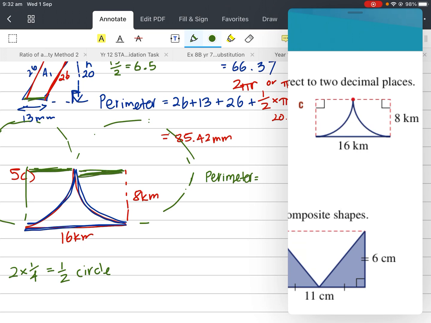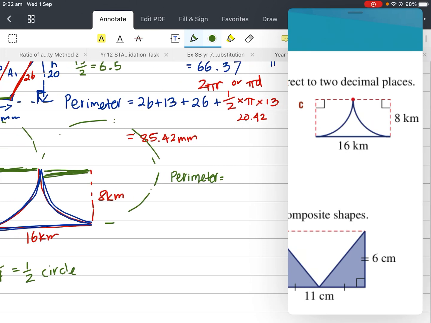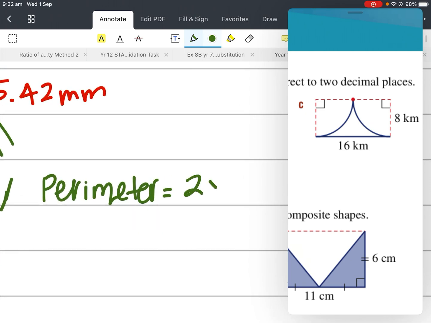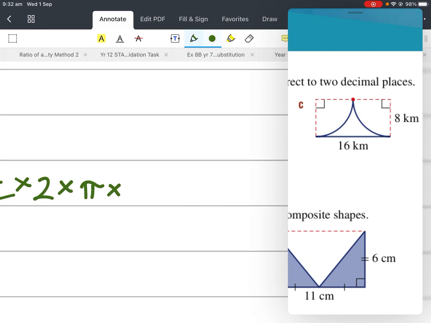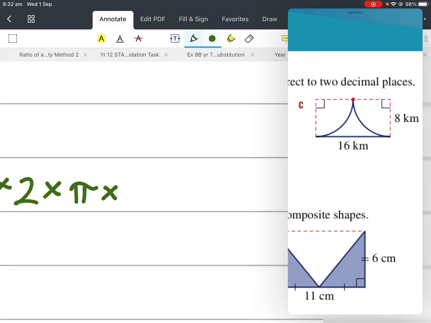So you can work out the circumference of a quarter of a circle, and just add those two answers together if you want, okay? And that's what I'm going to do. So I'm going to go 2 lots of a quarter of a circle times 2 times pi times the radius. So that's what we're going to do for circumference.